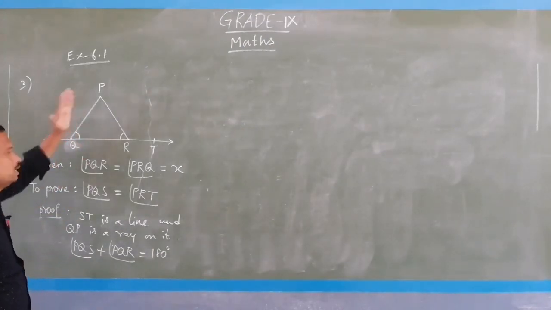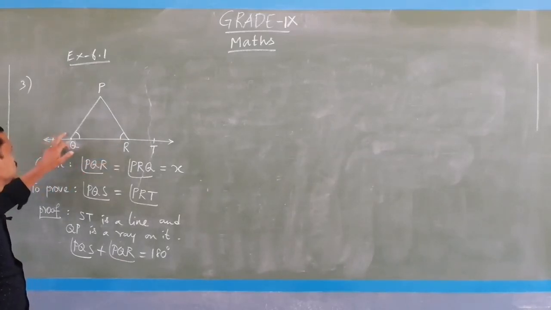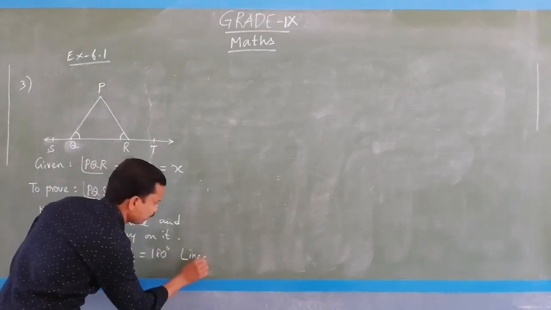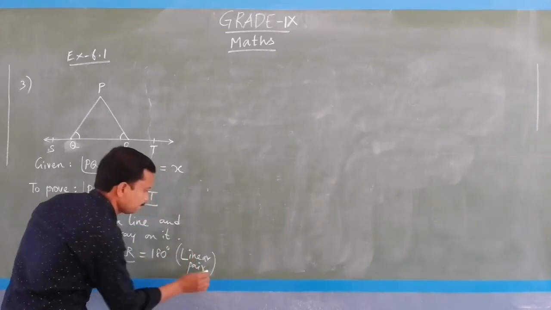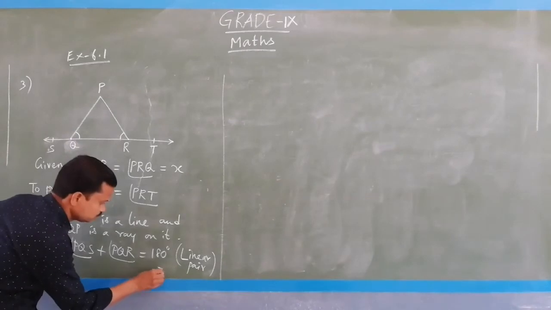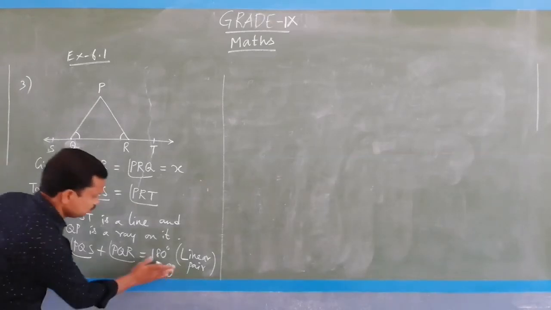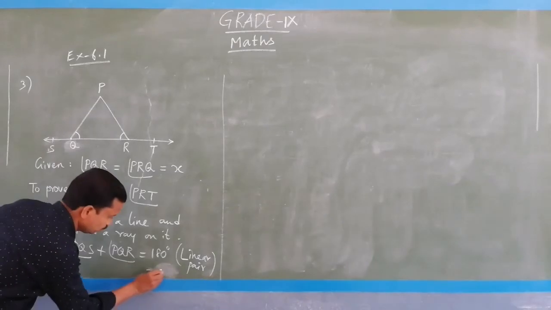If one ray stands on a line, then these two are called a linear pair of angles. Okay, let it be equation number 1.